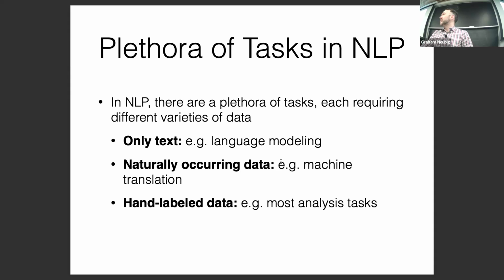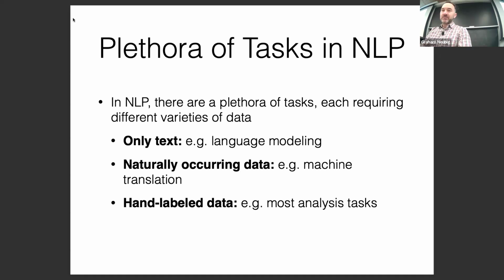The reason why is what I mentioned last class: a lot of data on the internet just occurs in this form anyway. We have things like phrase books that appear online, and these phrase books weren't explicitly created as machine translation data, but they appear online.